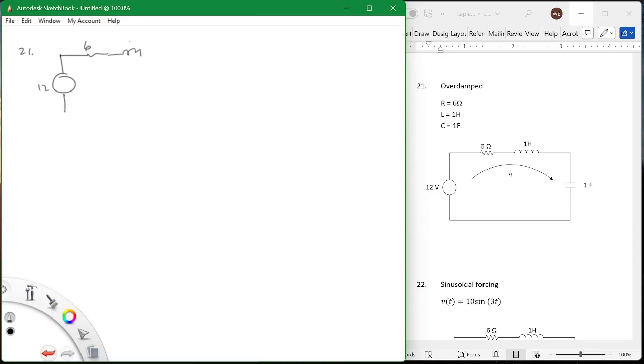Okay, let me get it drawn first. So let's do this now. So I'll give you the 12 over S, 6 S, and 1 over S. Okay, so now what is my I?